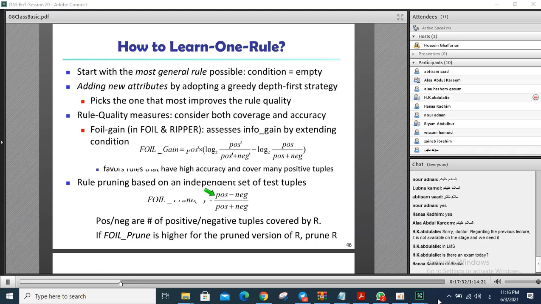These positive and negative signs are related to the number of positive or negative tuples covered by the rule R.